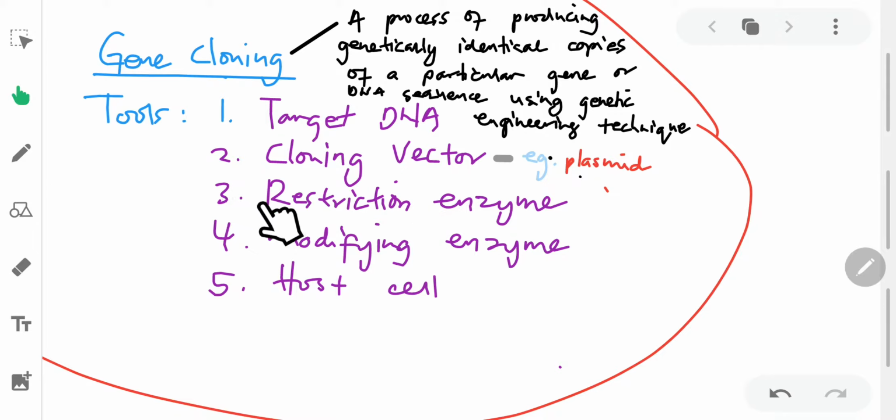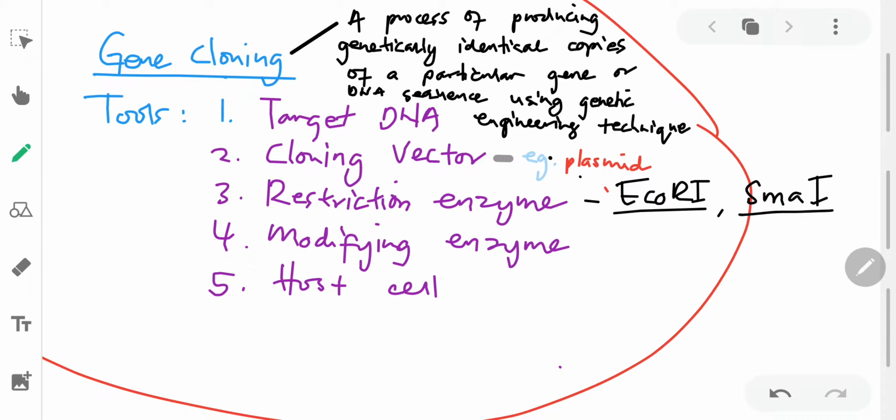Tool number 3 is restriction enzyme. Restriction enzyme, for example, EcoR1, SMA1. Number 4 is modifying enzyme.